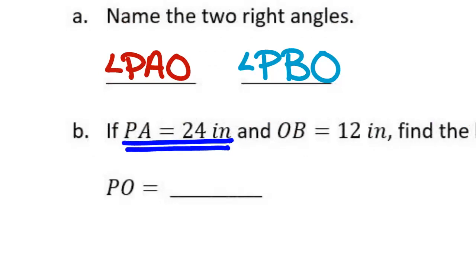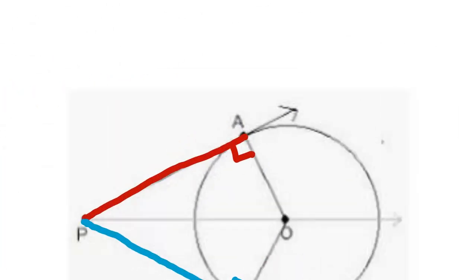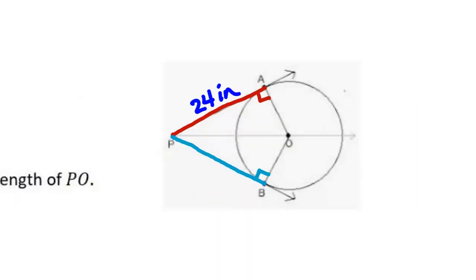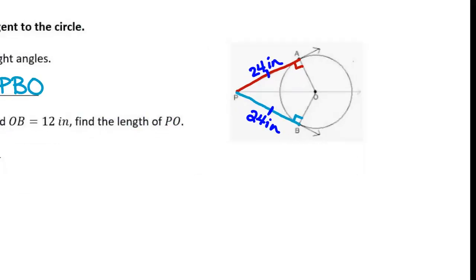And then it says if PA is 24 inches, hold on, before I read the next part, what do we know about two tangent lines that come from the same outside point? They're congruent. So PA is the same size as PB, so this is also 24 inches.